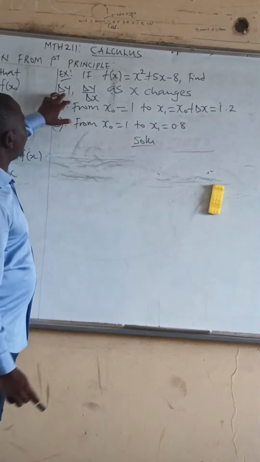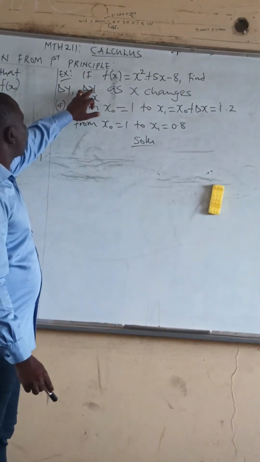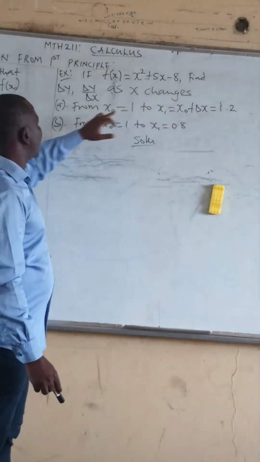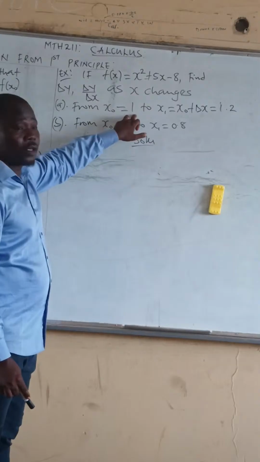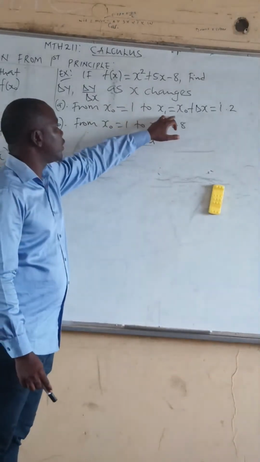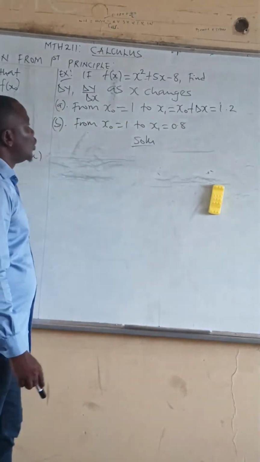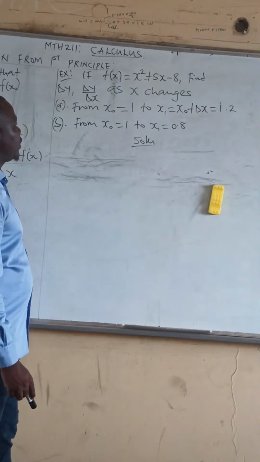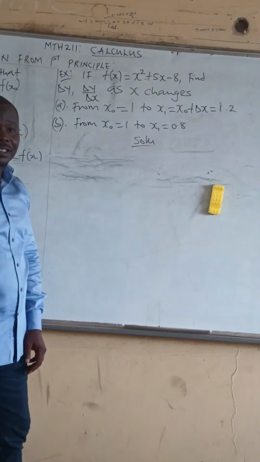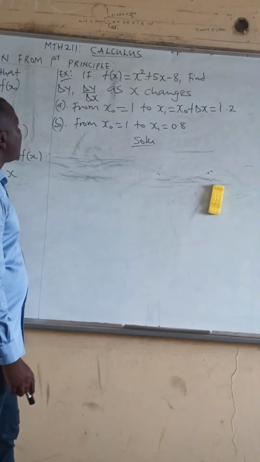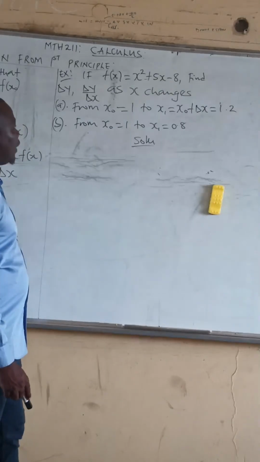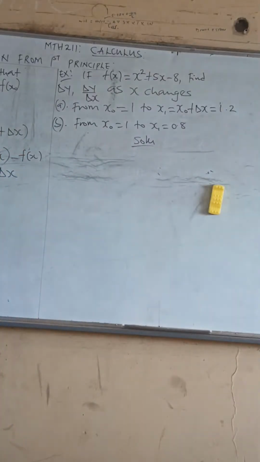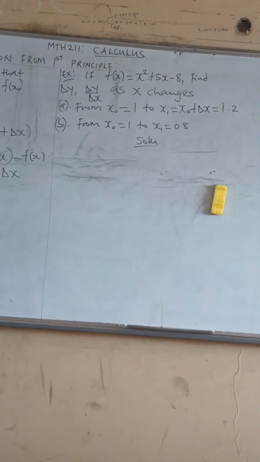They want us to find dy over dx as x changes from x naught equals to okay. It's simple as ABC, it is not difficult. So now everybody should look at the board. Please suspend whatever you are doing. It's very important. Is that clear?